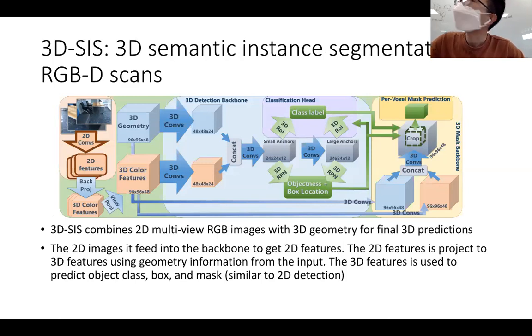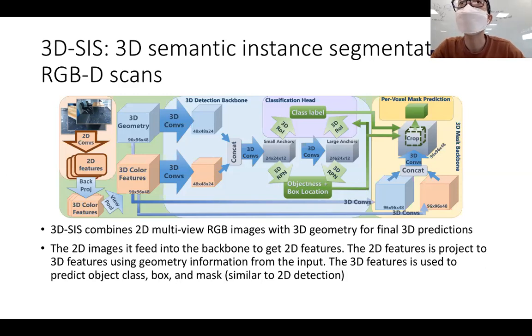This one is another paper. It is also about detection-based methods. It is quite complicated, but I think it is still simple. You can see they combine both 2D and 3D features.